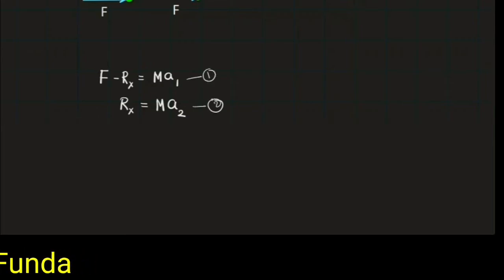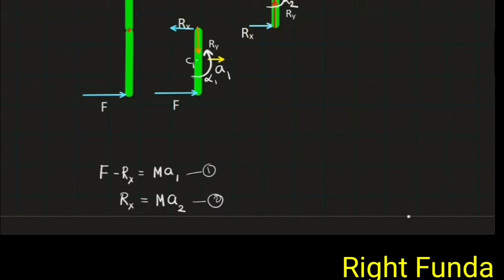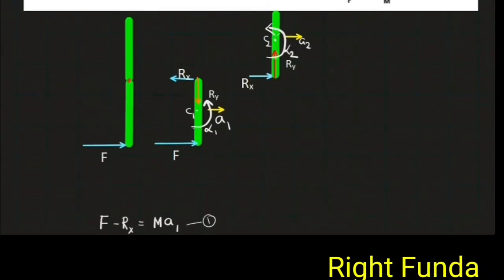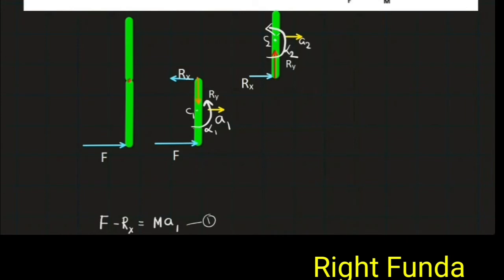Again, we can write the torque equation for both rods. Here you see F is producing clockwise torque and Rx is also producing clockwise torque. In the second rod, only one force, Rx, is producing clockwise torque, and alpha 1 and alpha 2 I have also taken clockwise.